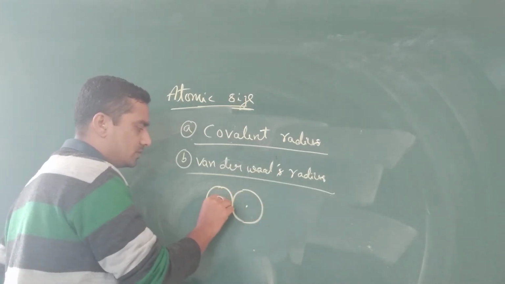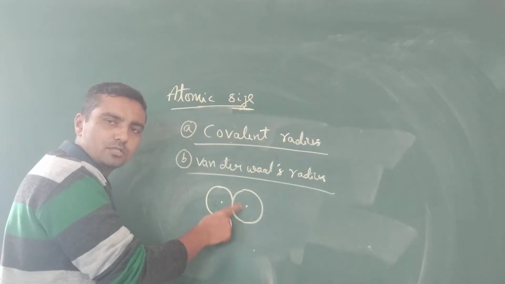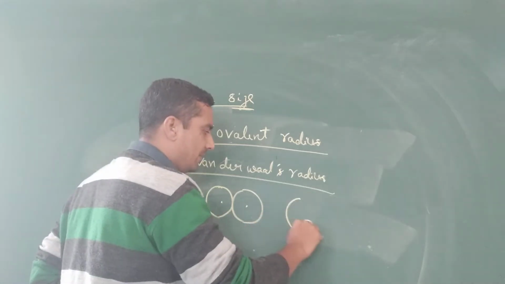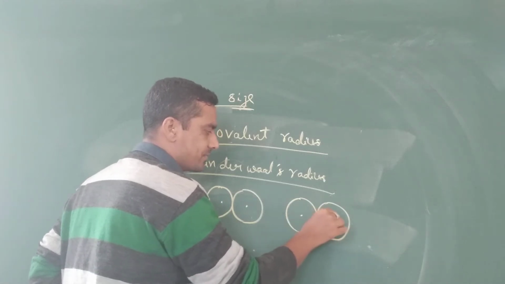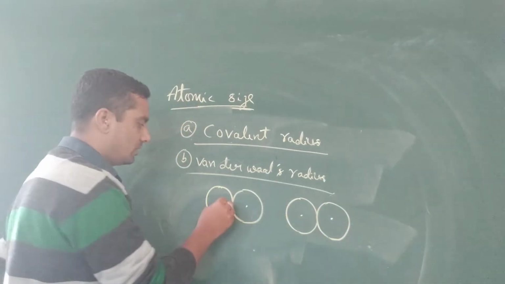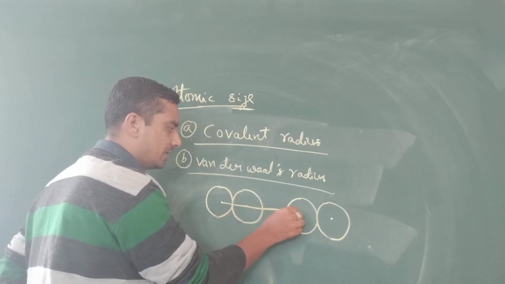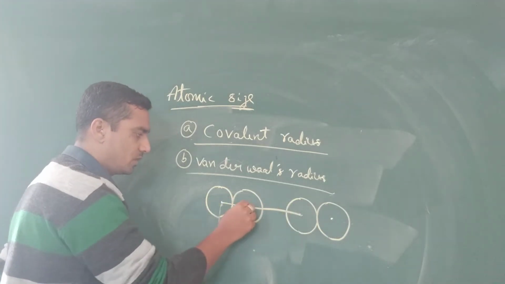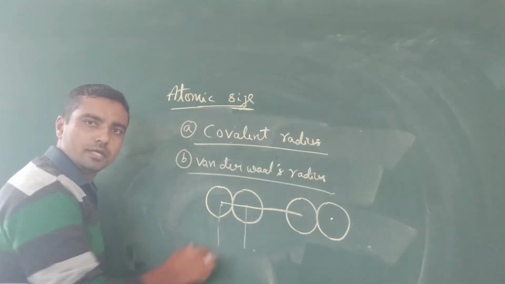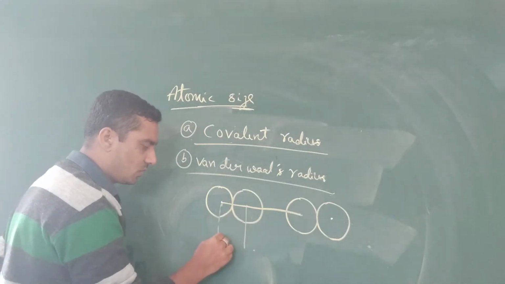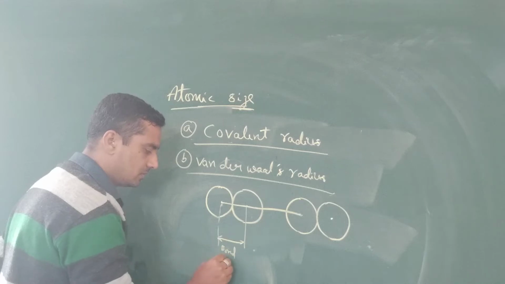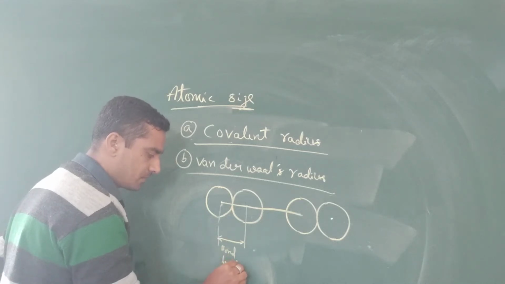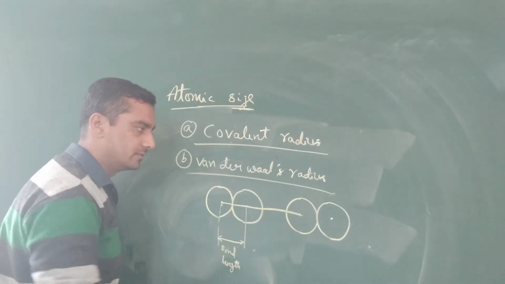This is the nucleus of this atom, this is the nucleus of this atom, and the neighboring molecule is also present. The distance between the two nuclei we call the bond length.